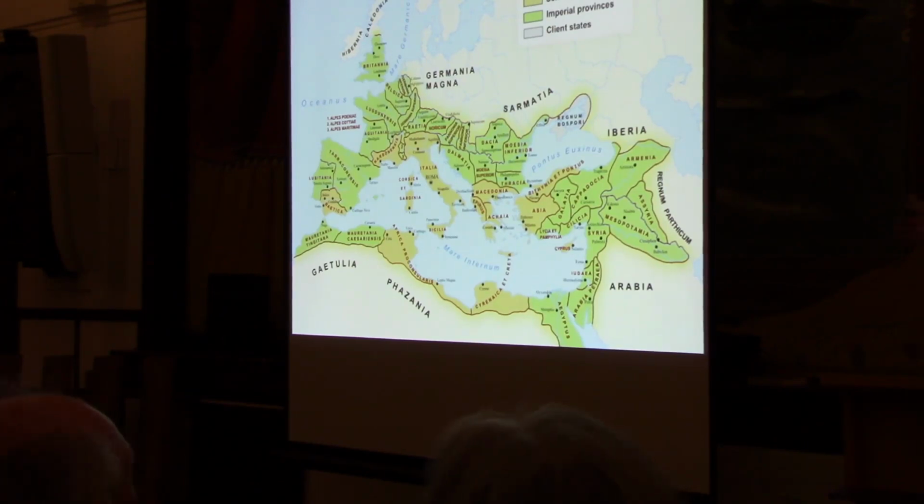In the east, they conquer what had been Hellenic Greek societies in Anatolia and in Egypt, the Ptolemaic regime in Egypt, and so on. And so these are already highly urbanized societies, very sophisticated, literate elites, and big peasant agriculture.